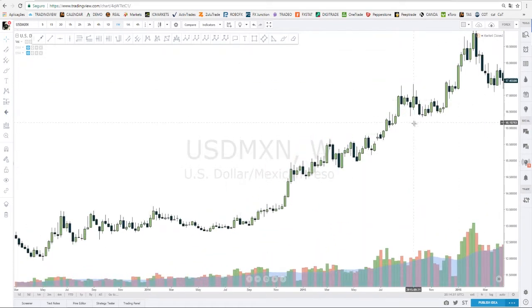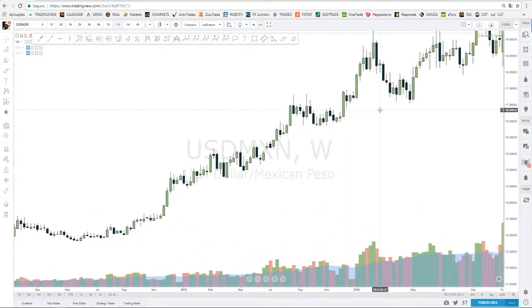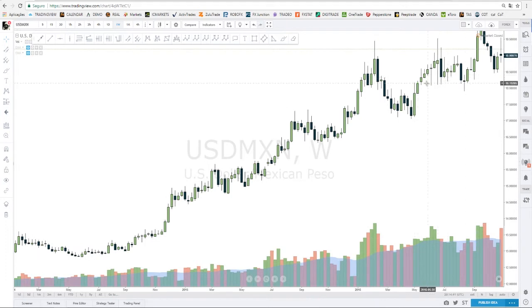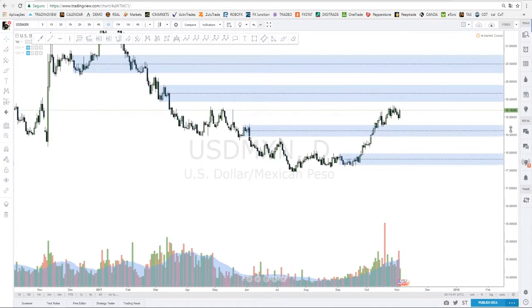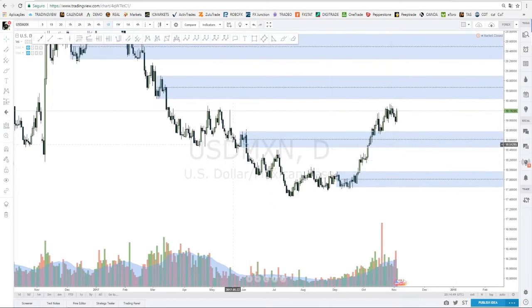Let's look at the past in a lower time frame. So price is going up. It has passed this weekly order block. We're now on a daily, so it might come down to reaccumulate and then go up.